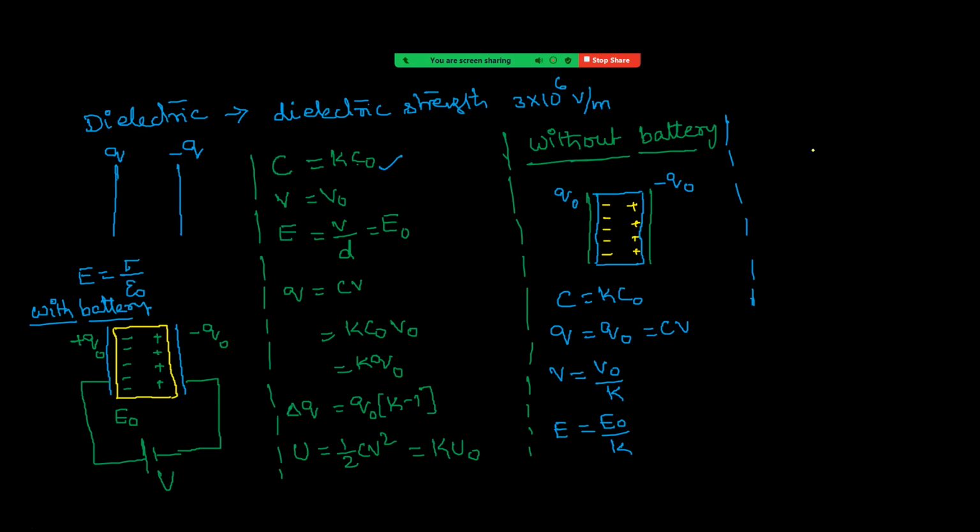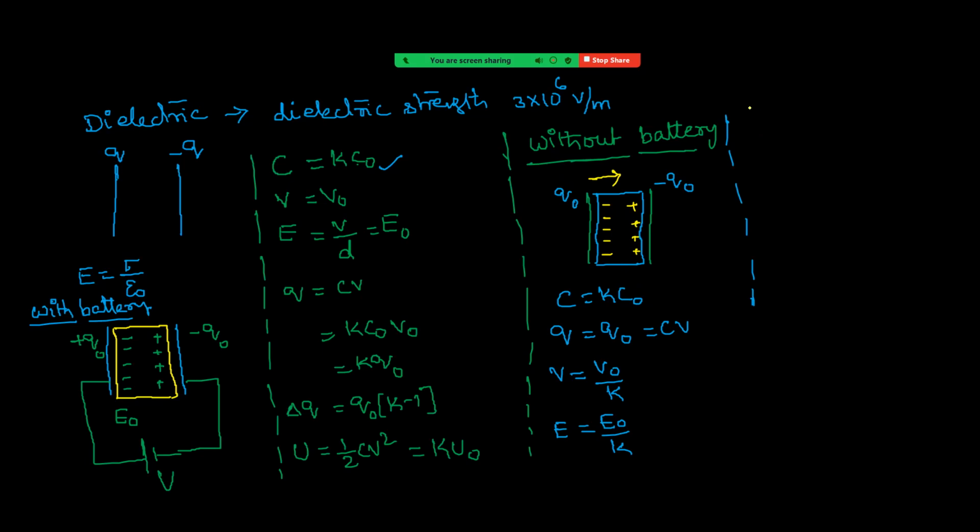Electric field between the plates is becoming 1 by K times. Because of Q naught, the field is to the right side, that is E naught. Because of the induced charge, the field is to the left side. Take it as E dash.